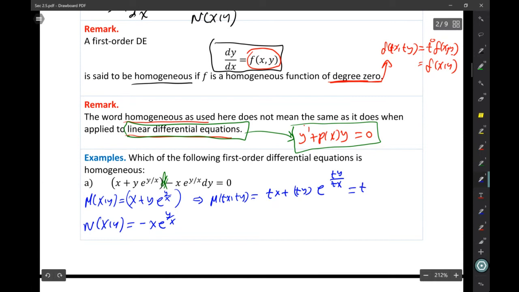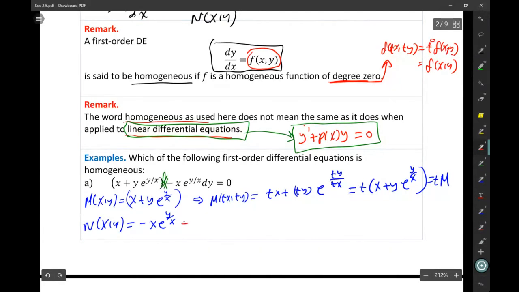So here you can take t times (x plus y e to the power y/x), which is equal to t times m. So m is homogeneous of degree 1.